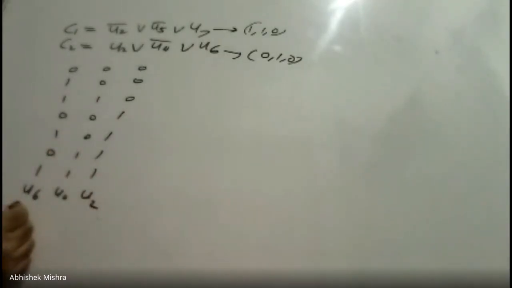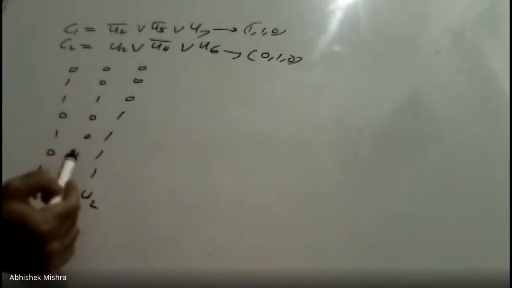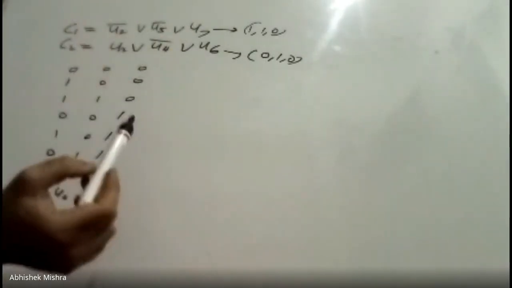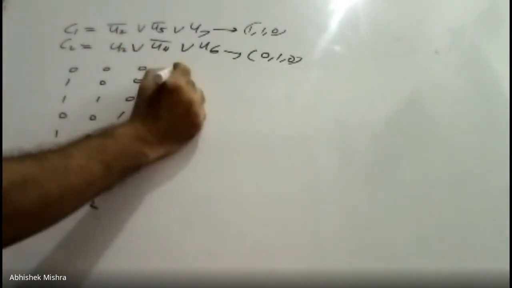This is for C2. So here 0 1 0 is missing. All others can give value 1. So we have one vertex corresponding to each assignment, like this.